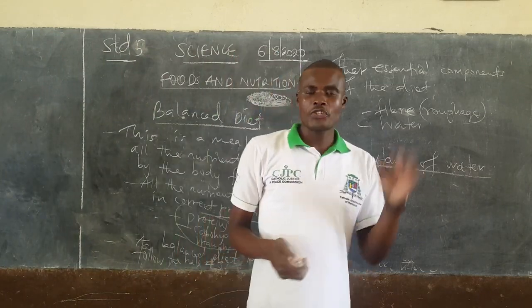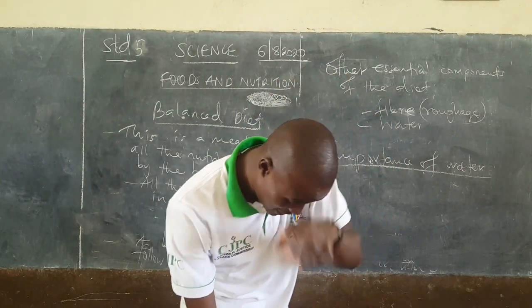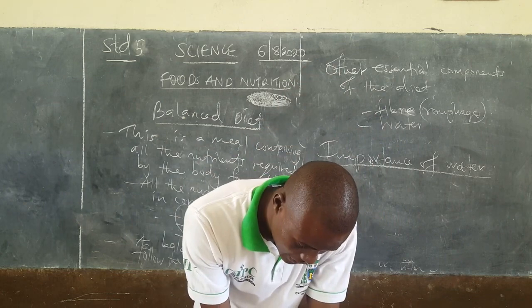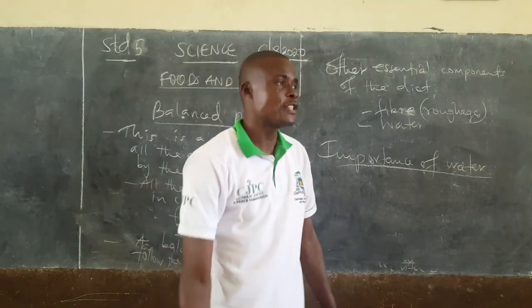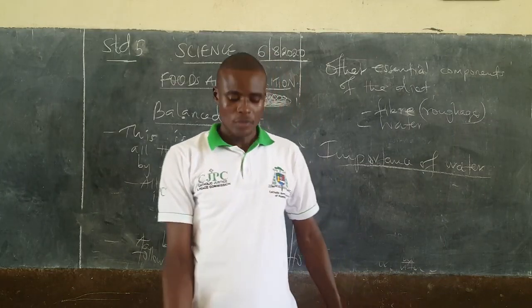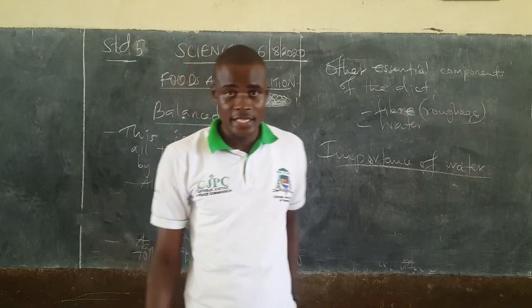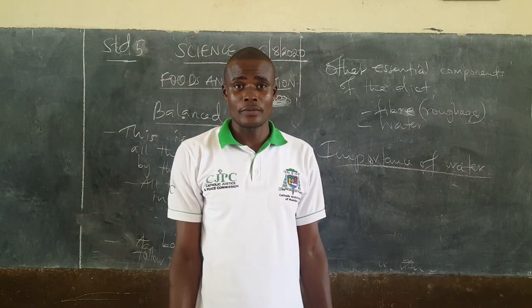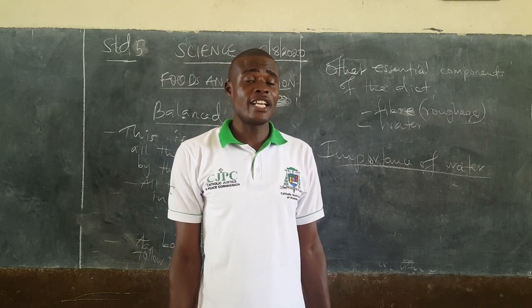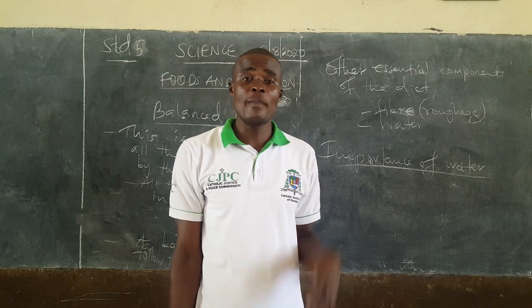Like the importance of water, the first importance of water in a diet is that when the body lacks water, we say that the body is dehydrated. So that process of the body lacking water is called dehydration. In most cases, dehydration takes place when somebody vomits a lot.